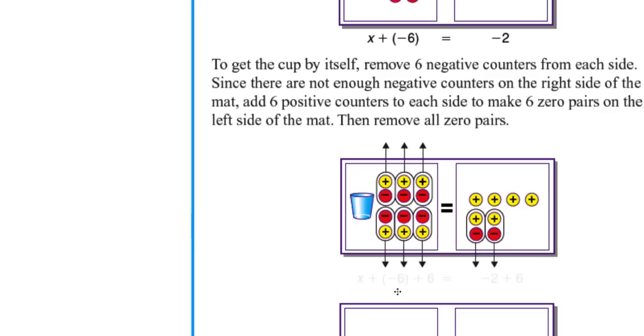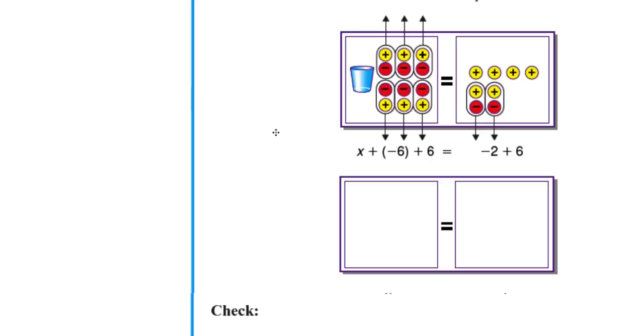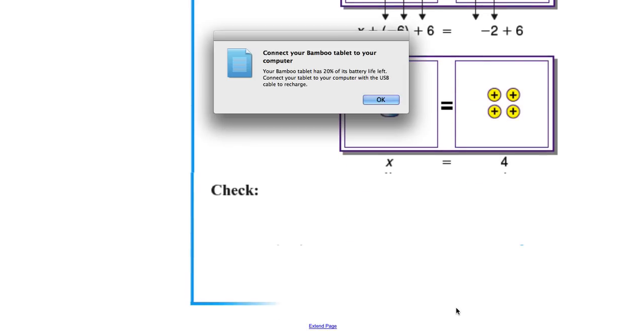So this is actually x plus negative 6 plus 6 is equal to negative 2 plus 6. Whatever you add to one side, we need to add to the other side because it's an equation. And then we now have our cup by itself, and we have 4 positive counters here. So x is equal to 4.